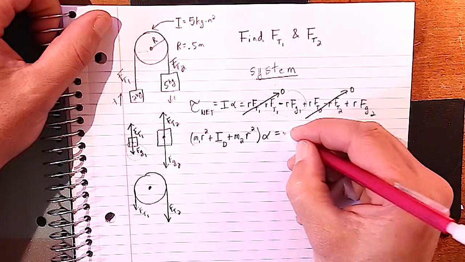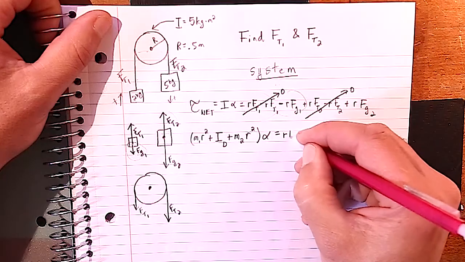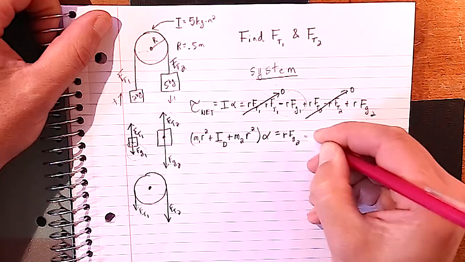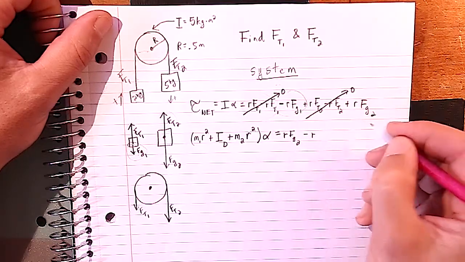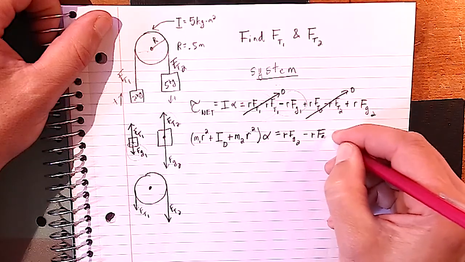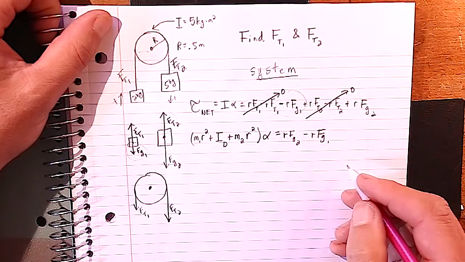Well, we have rFG2 minus rFG1. I'm just switching the order there.